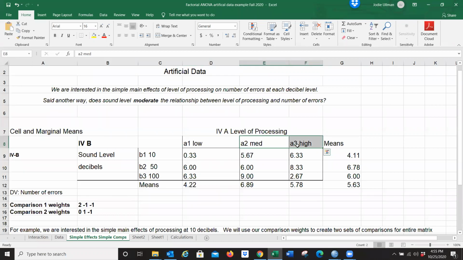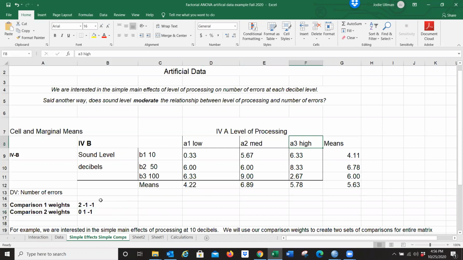So our hypothesis is, are there significant mean differences in number of errors between those who do low processing versus those who do medium and high combined? And then our second comparison will compare number of errors between those who do medium processing versus high level processing.